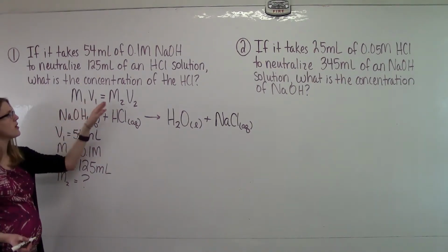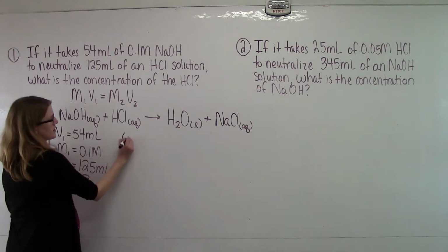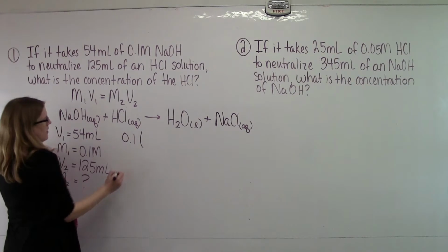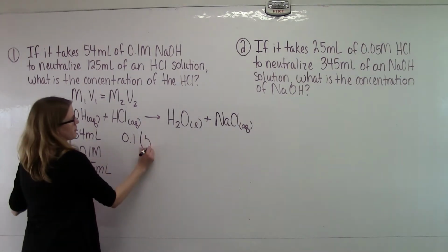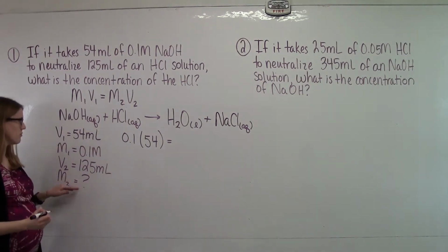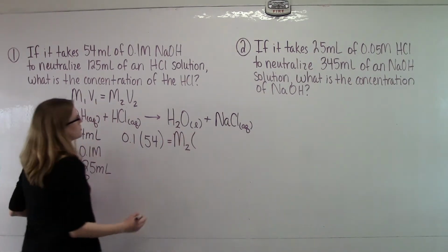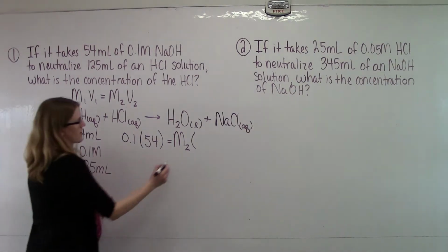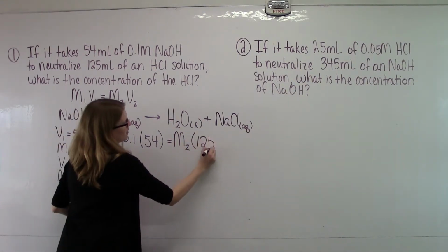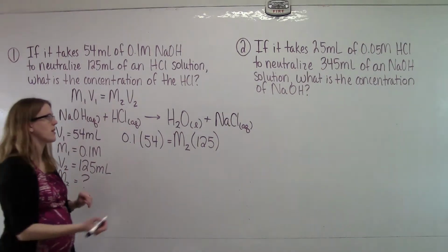The formula is M1V1 equals M2V2, so let's go ahead and plug and chug. M1 is 0.1, V1 is 54, equals M2, what we're trying to find, times V2, which is 125. Now, let's do some algebra here.